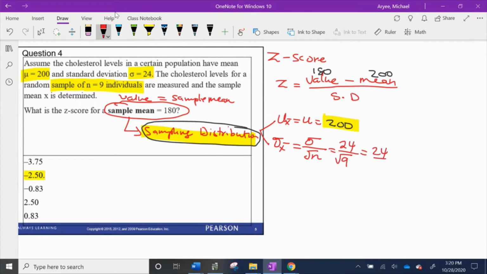So that's 24 divided by 3, that is 8. So your standard deviation will be 8. So you're going to have 180 minus 200 divided by 8. This is the answer we choose.